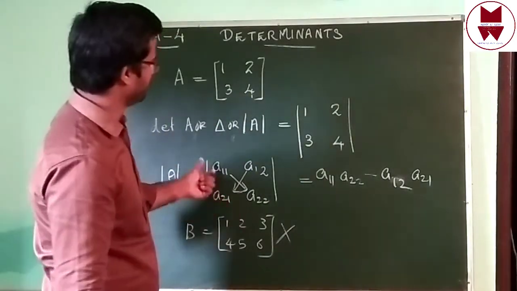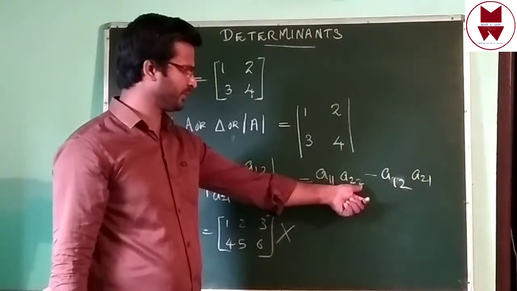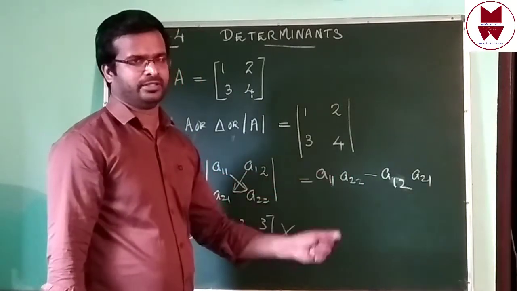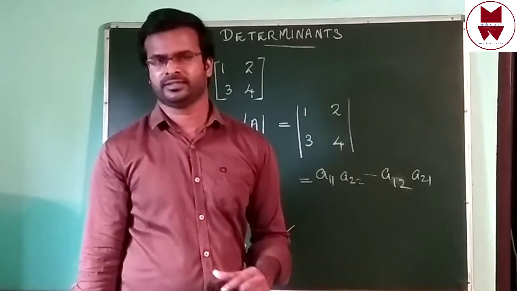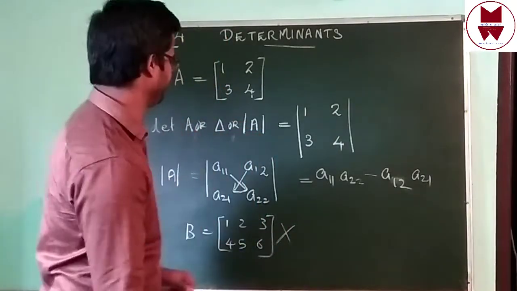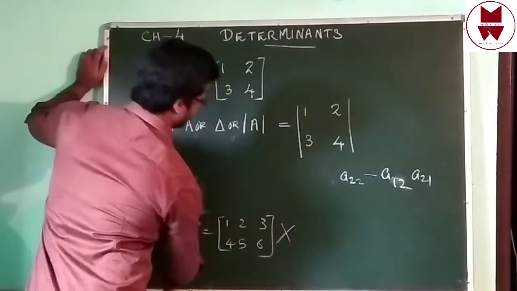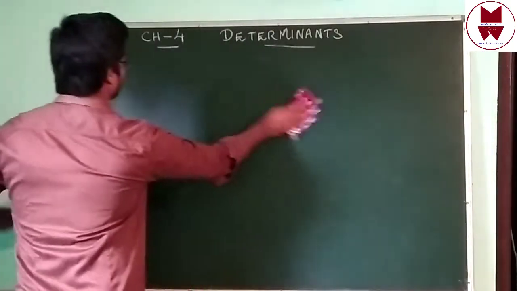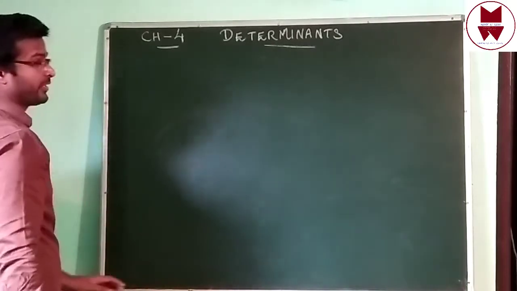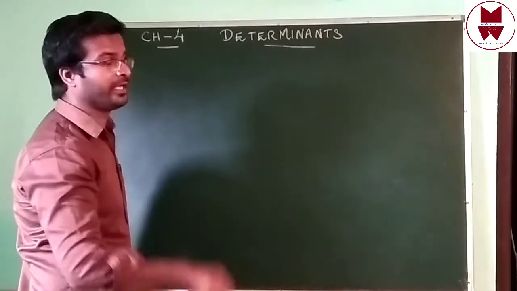This 2 by 2 matrix, from there we can find it like this. If you use a 3 by 3 matrix, that time we will use a slightly different method. We can see how to find the determinant of a 3 by 3 matrix.